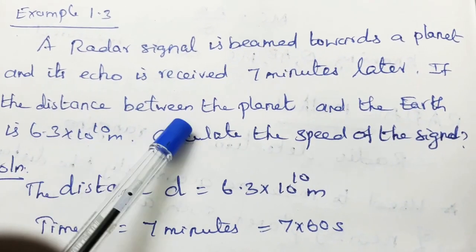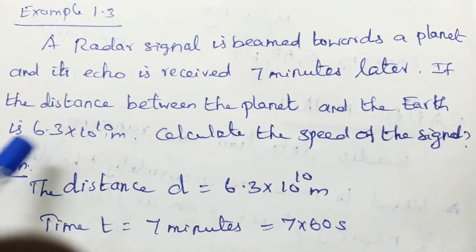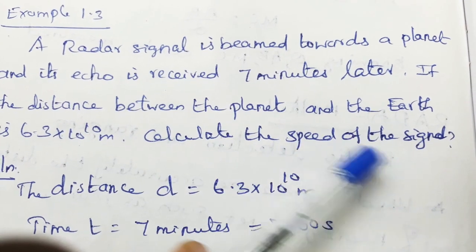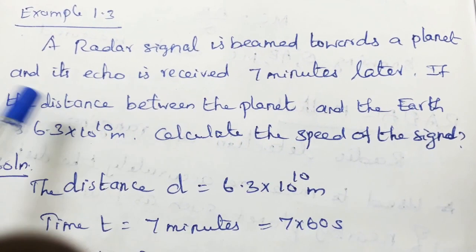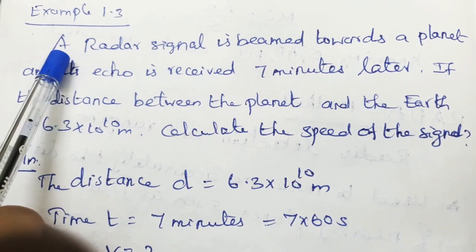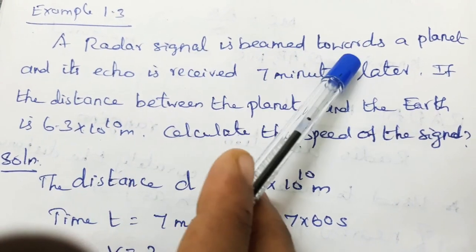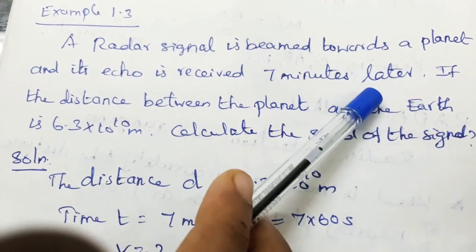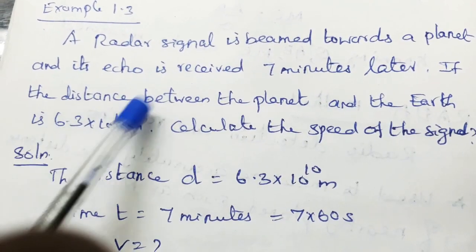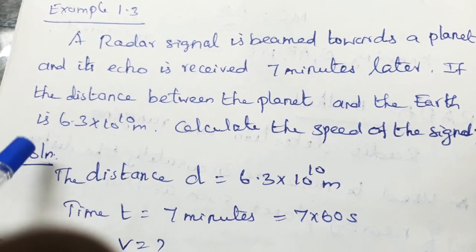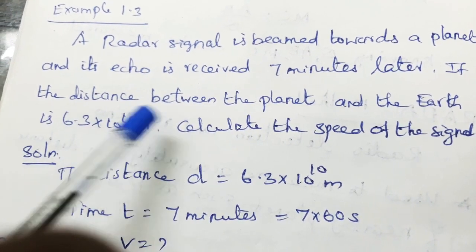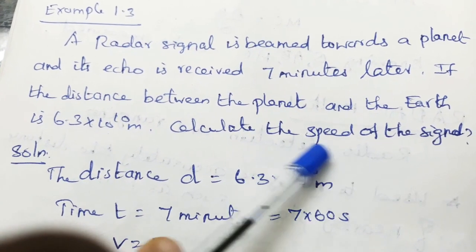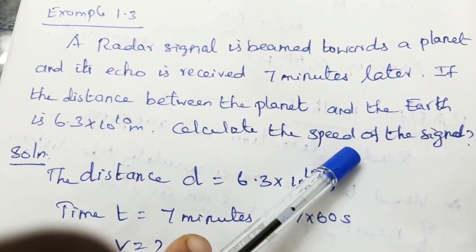If the distance between the planet and the Earth is 6.3 into 10 power 10 meter, calculate the speed of the signal. Here they are asked to calculate the speed of the signal.